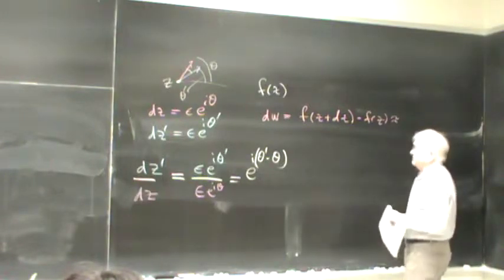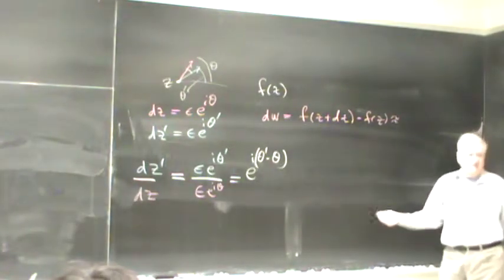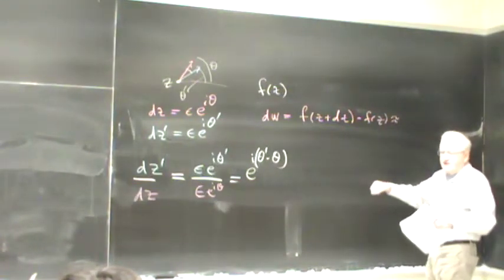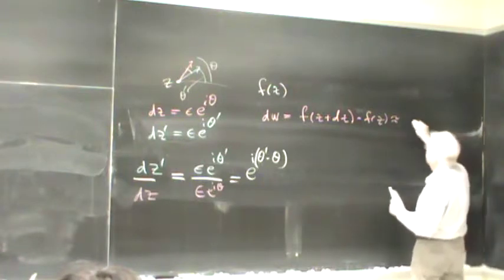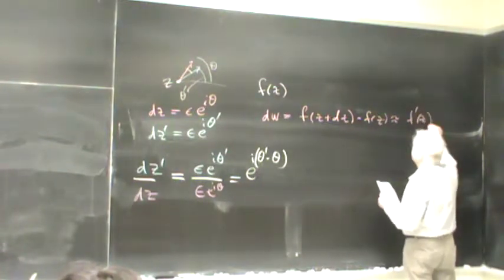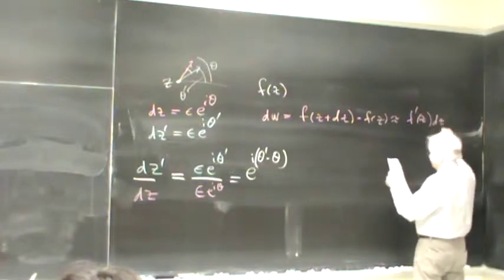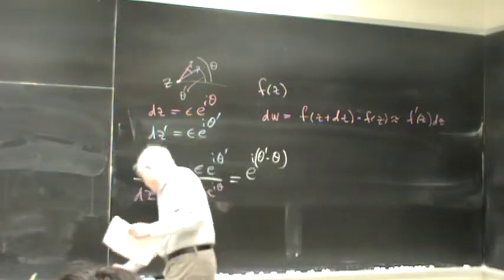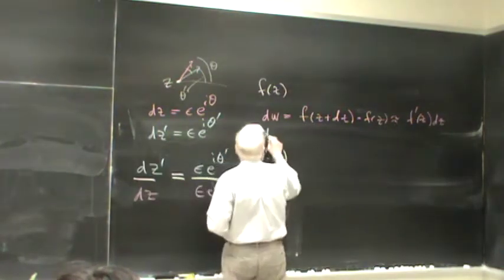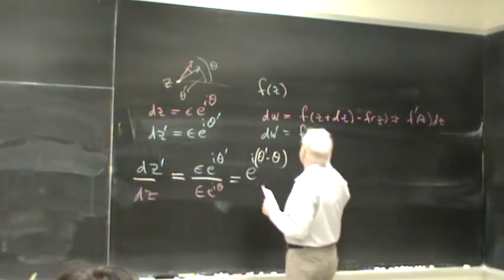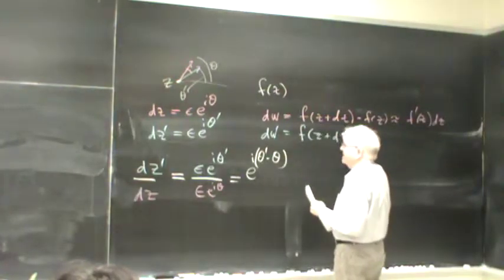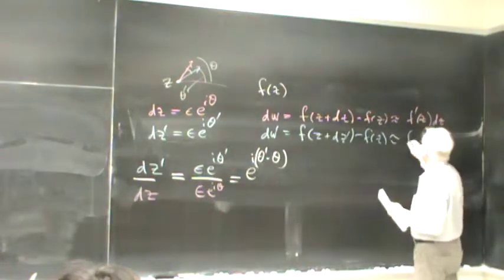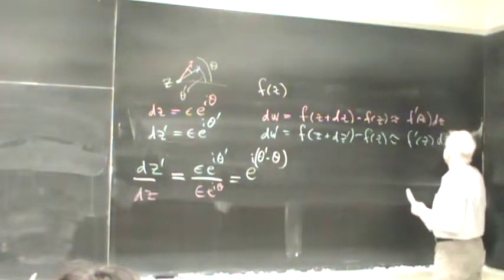And this is approximately, I'm assuming that f is analytic wherever we're going to be, so this is f prime of z dz. And on the other hand, dw prime is f of z plus dz prime minus f of z, and this is approximately f prime of z dz prime.